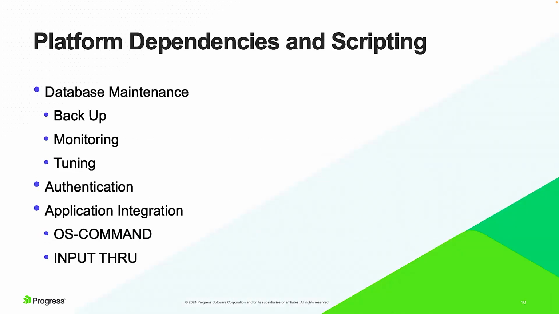All right, moving on from the platform dependencies, we segue nicely into some of the things we have dependencies in scripting. Thank you, Roy. So if your migration includes a change in platform, there are a few things that you're probably going to want to consider. First of all, you need to take a look at how you're maintaining the database, specifically your strategy for backup, for monitoring, for tuning.